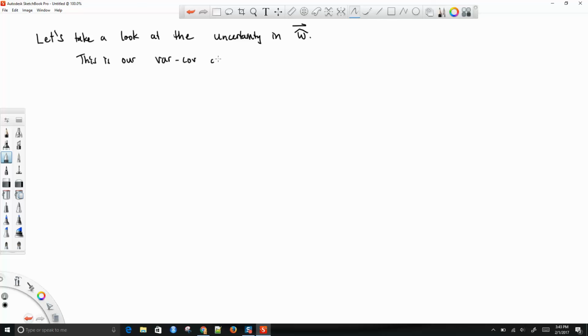or so we can try to estimate the covariance of W hat.